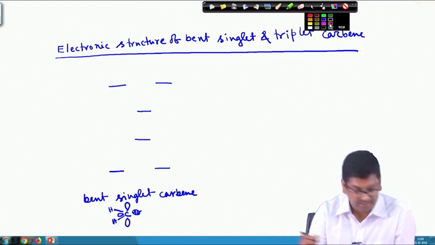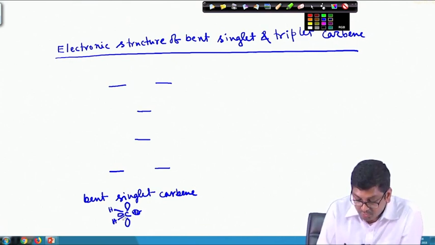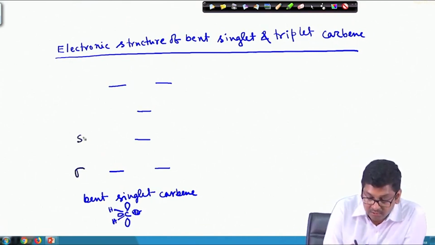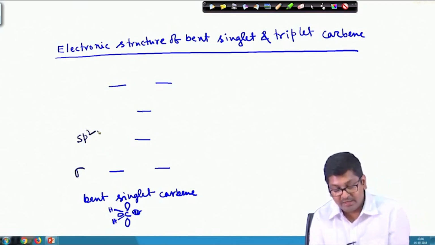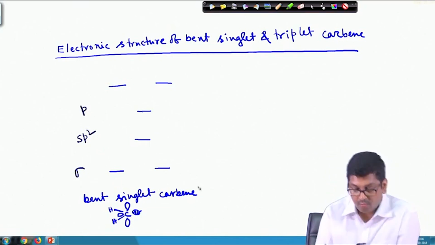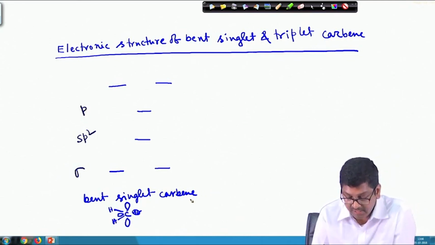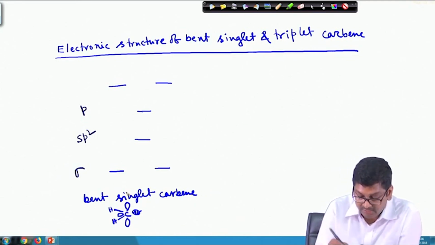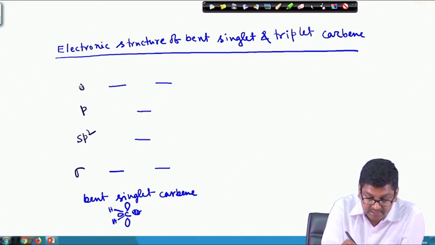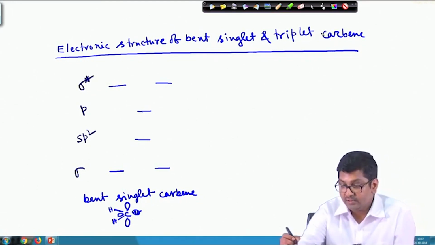In general, there are these two sigma bonds, then one non-bonding sp2 orbital and one empty p orbital, and there is the antibonding sigma star.